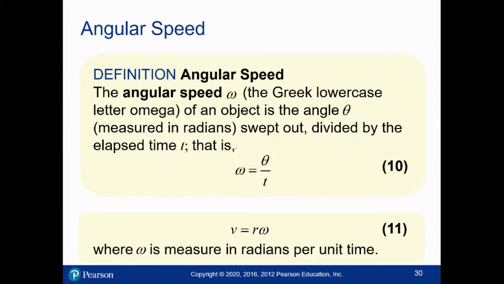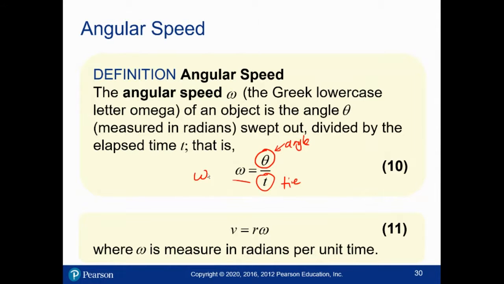All we're doing here is saying how much angle you measure out per time. So it's how fast you're rotating. This is your RPMs basically. And that's omega, which typically gets written by hand and looks a lot like a W.